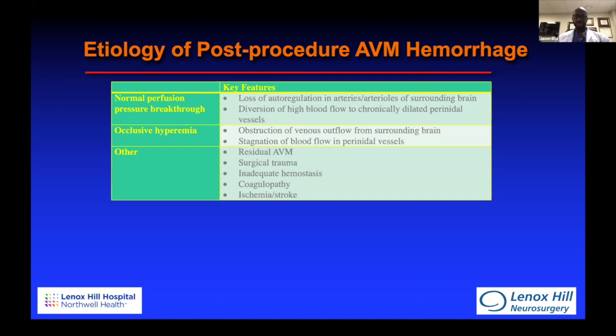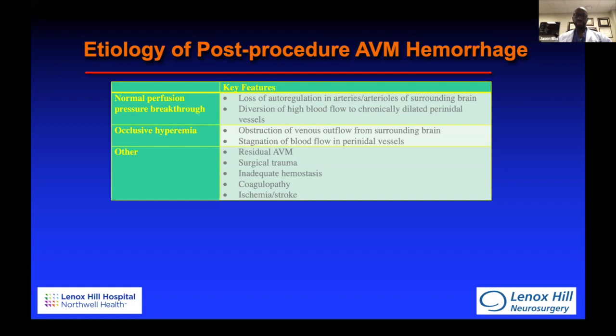Other etiologies of post-procedure AVM hemorrhage: occlusive hyperemia. You can see this from obstruction of venous outflow, where you have high pressure blood coming in from the arterial side, but nowhere to go on the venous side, causes stagnation and hyperemia in the brain and eventual bleeding.